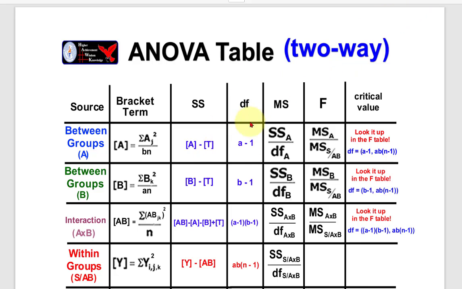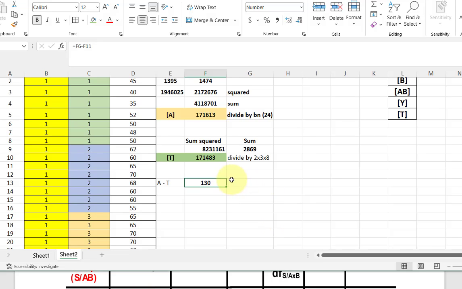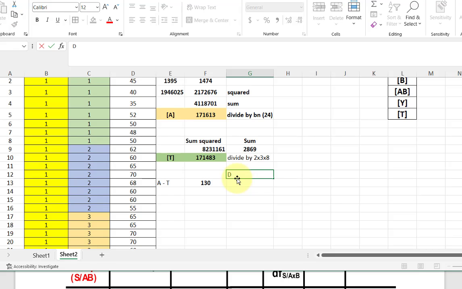Degrees of freedom is, we got two groups in gender, minus one is one. So our mean squares is going to be the same as our sum of squares. All right, degrees of freedom is one. And so we divide our sum of squares by our degrees of freedom, and that is our mean squares.